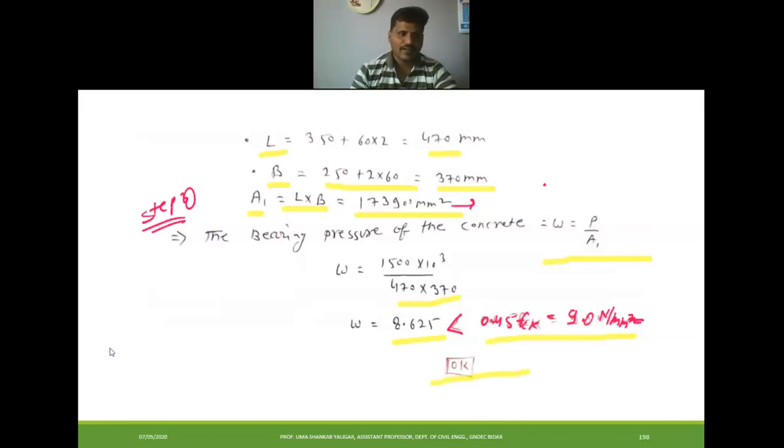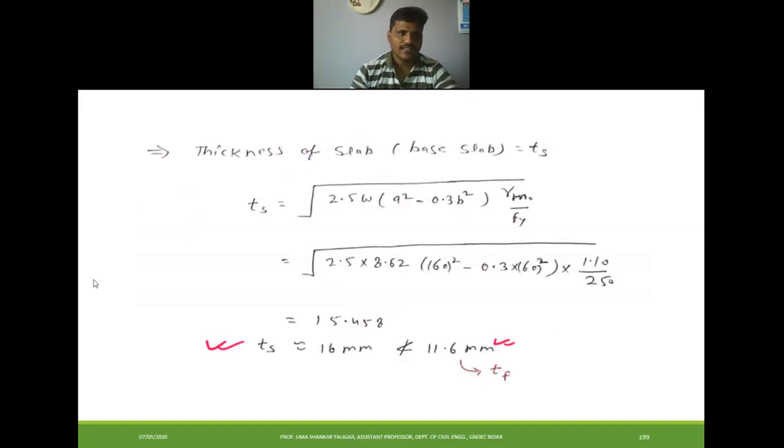Now we have calculated the length and breadth of the plate, and we also checked whether it is safe or unsafe. Next we need to calculate the thickness of the plate. To calculate the thickness of the plate, from your IS code clause 7.4.1, you will get this formula I showed in the last class.